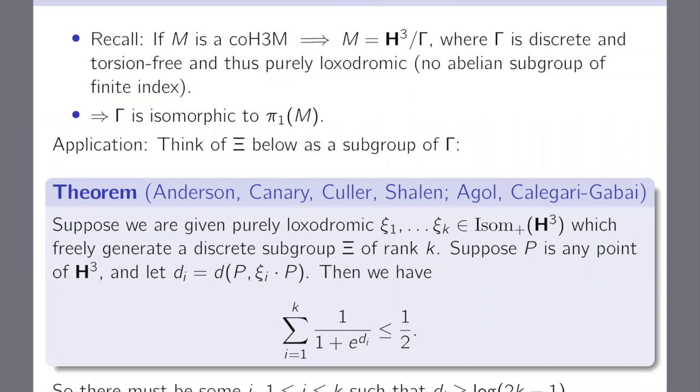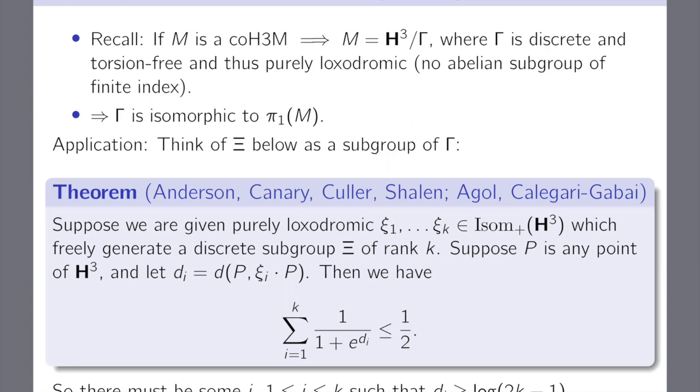These are the isometries that move points along some line invariant under an element of gamma. They act as translation along some line, which is invariant under an element of gamma.